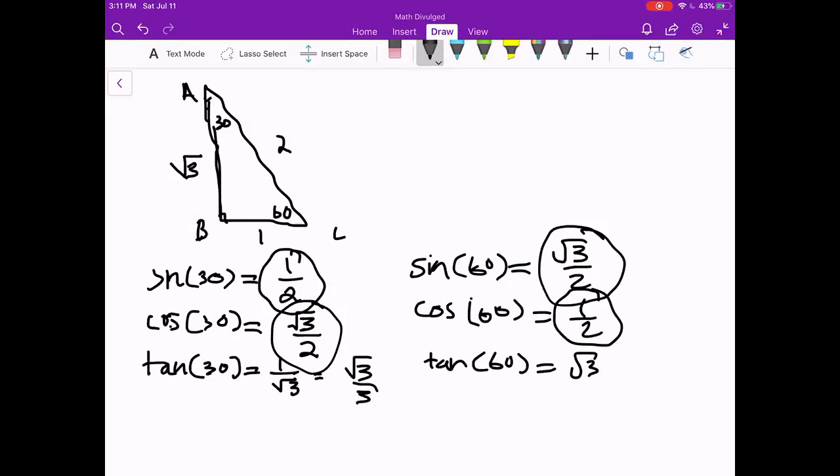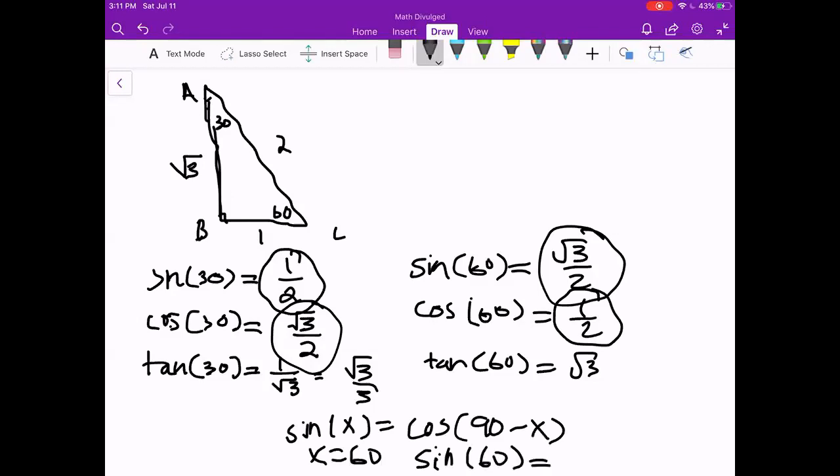The reason for this, which I'll go into more depth later, is that we have this formula: sine of an angle x is equal to the cosine of 90 minus x. So if we have sine of 60, where x is equal to 60, then sine of 60 is equal to cosine of 30, which is exactly what you see here.